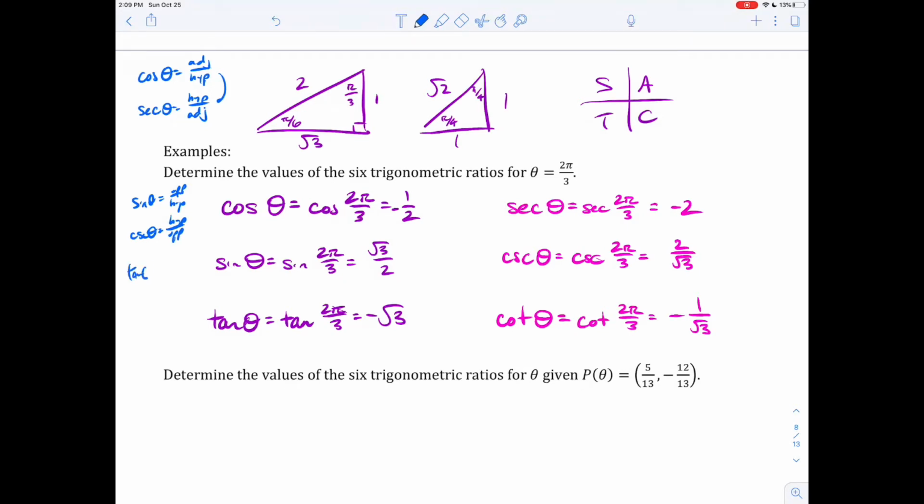And if tan theta is opposite over adjacent, then cotangent of theta is adjacent over opposite. So we see that reciprocal nature. And if we look at cosecant of theta, it's not going to be opposite over hypotenuse, it's going to be hypotenuse over opposite. And for 2 pi over 3, hypotenuse over opposite is 2 over root 3. So note those connections between all that jazz.